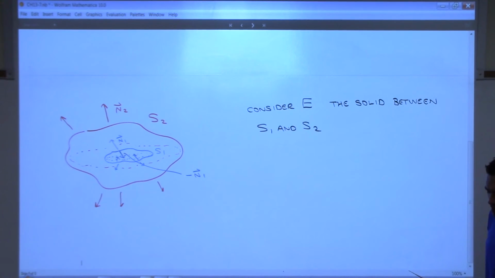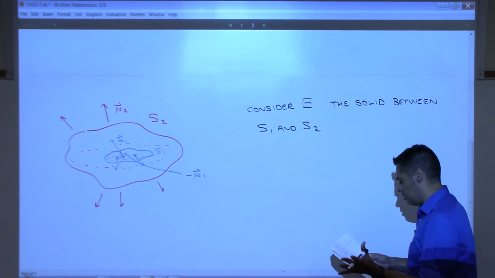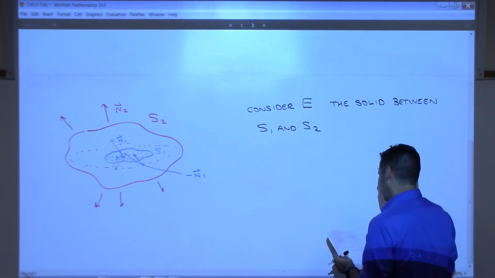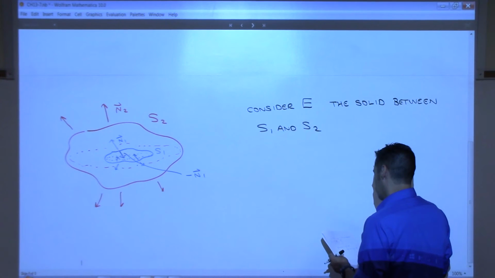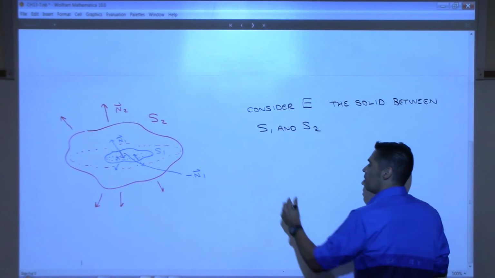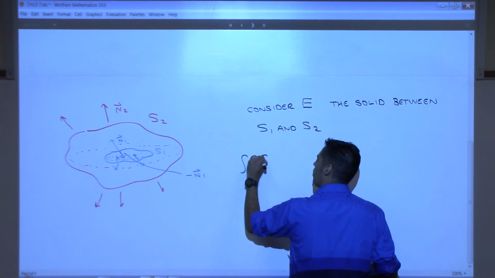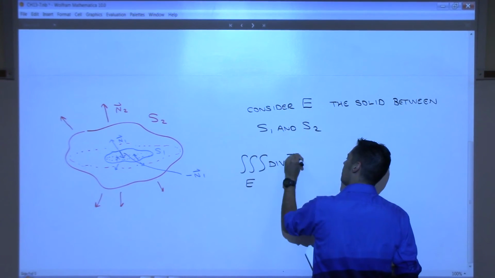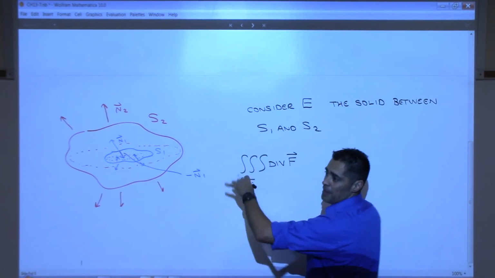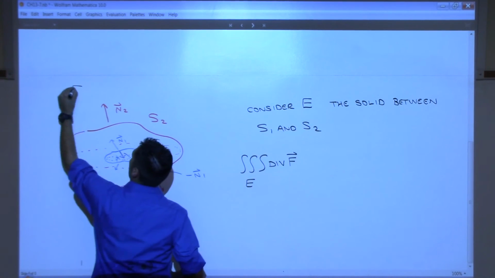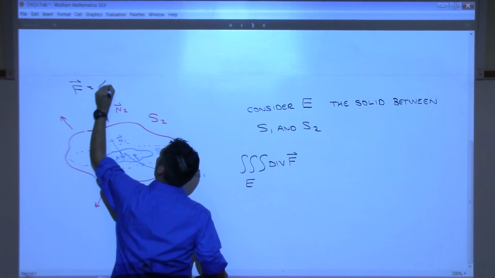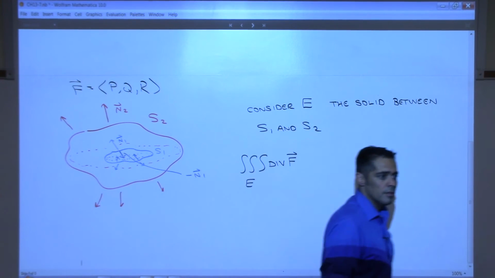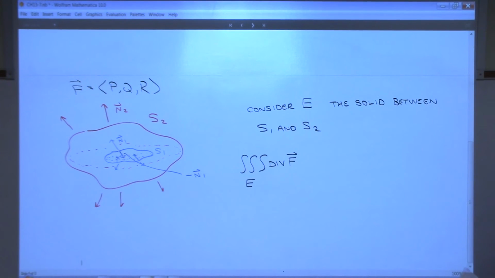So does it make sense to you that I could write this? Just see if this makes sense. The triple integral over E of the div of F, by the way, there's a vector field sitting here, F is PQR. I need a vector field or I can't talk about flux, right? So there's some vector field sitting here in the background the whole time.